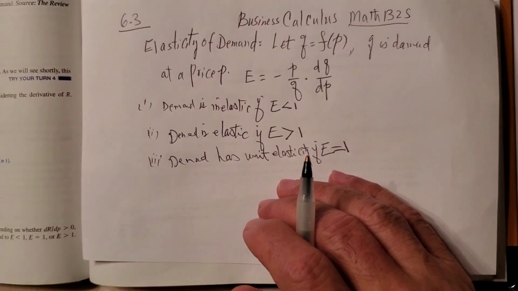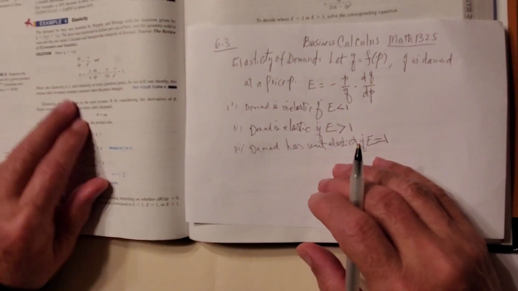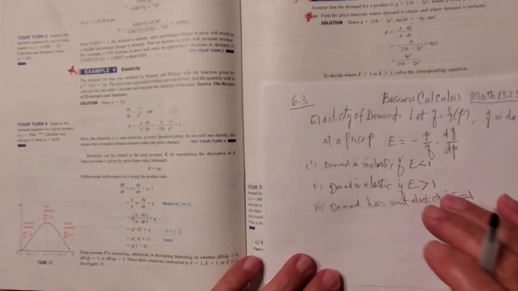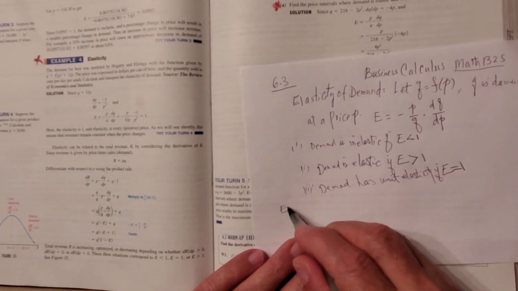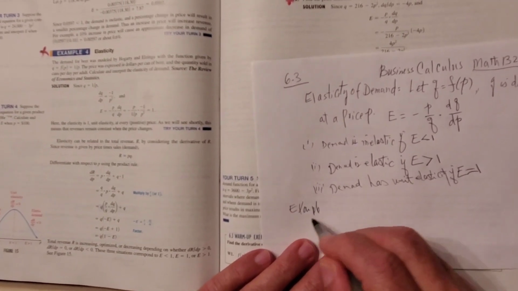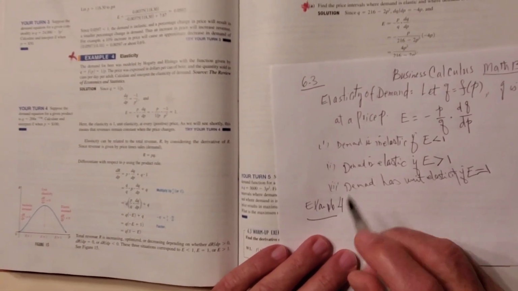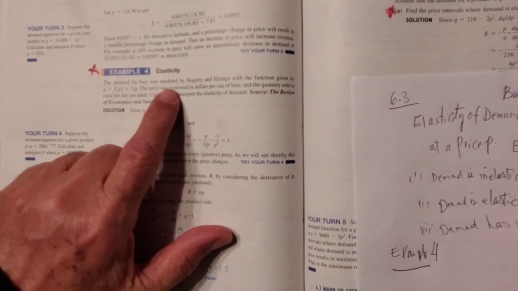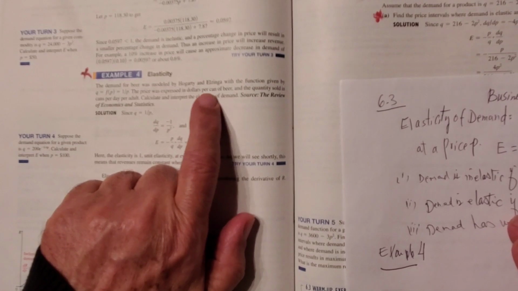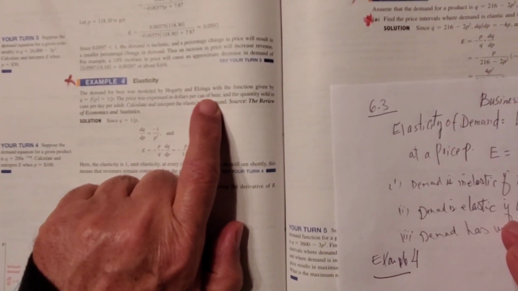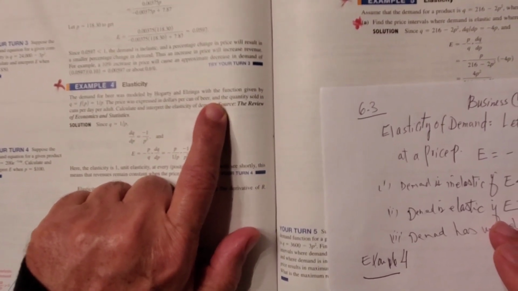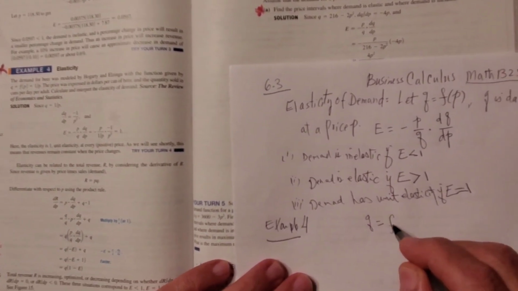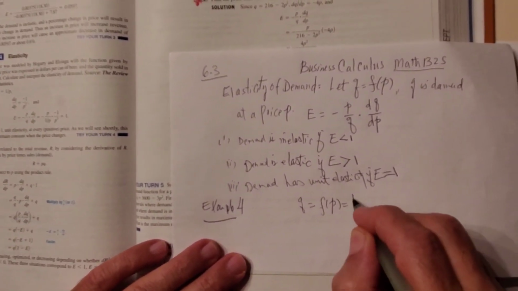Example 4, which is a very nice example. The question is this: the demand for beer was modeled by Hogarty and Elzinga with the function Q equals f of p, which is equal to 1 over p.